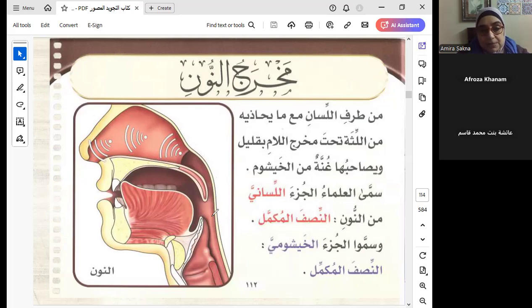Regarding idgham, it's yarmalun, and I think we also passed by this during our recitation. With the letters of the word normal, noon, ra, mim, lam, we apply the full merging. We said that in the Quran the noon will have no short vowels upon or under, and the following letter will have shadda.